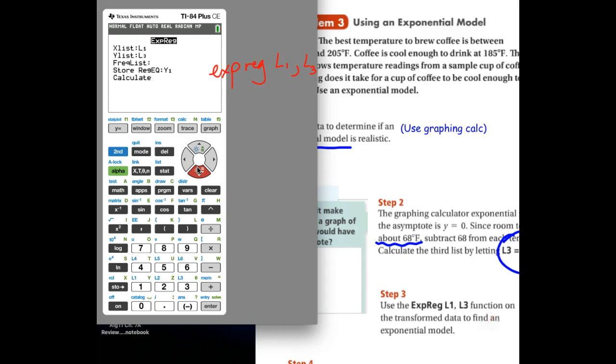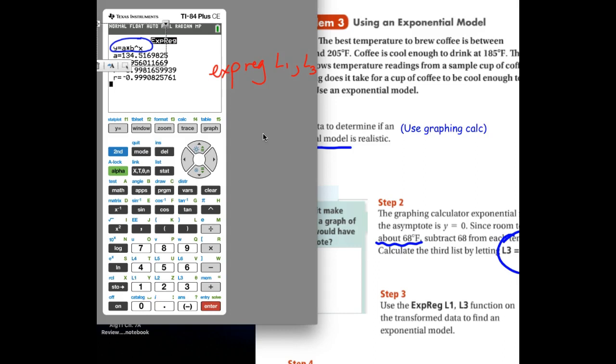Hitting enter. It's coming up with an equation for me. Now, notice at the top, y equals a times b to the x power. What did they give me for a? 134.5, roughly.